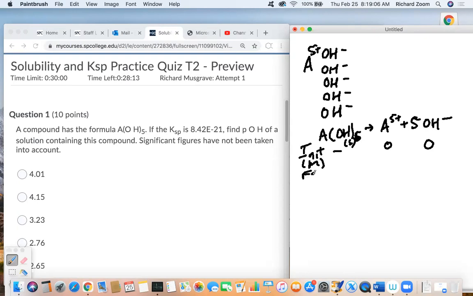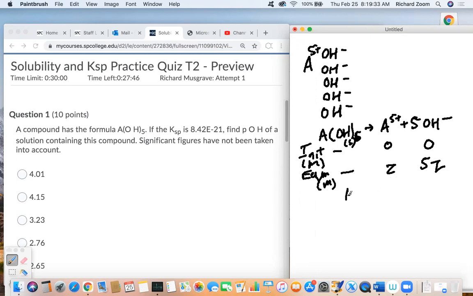The equilibrium concentration again is going to be just a line there because we can't find the concentration of a solid. Then it's going to be Z, and this will be 5Z. Does anybody have any questions?